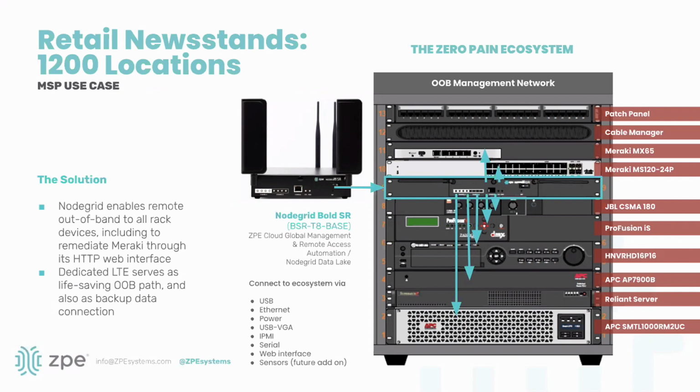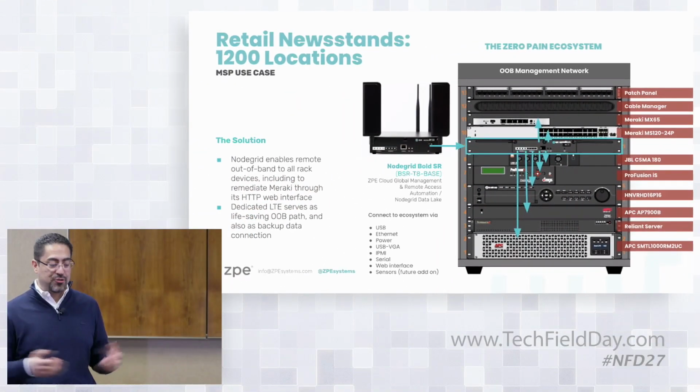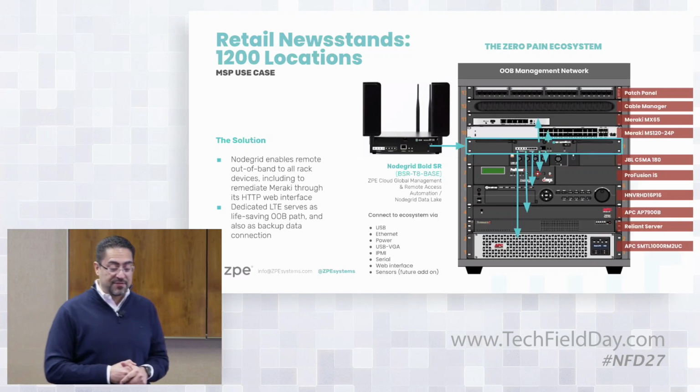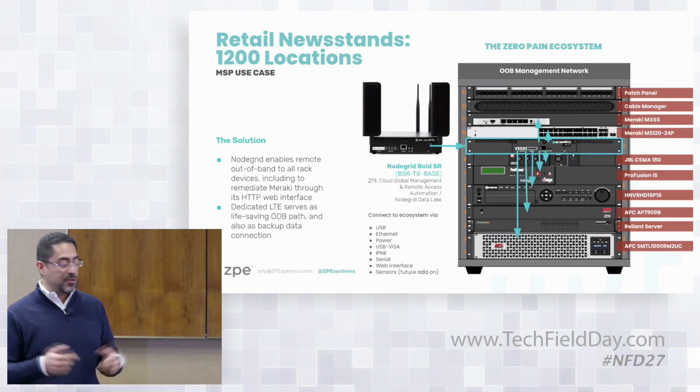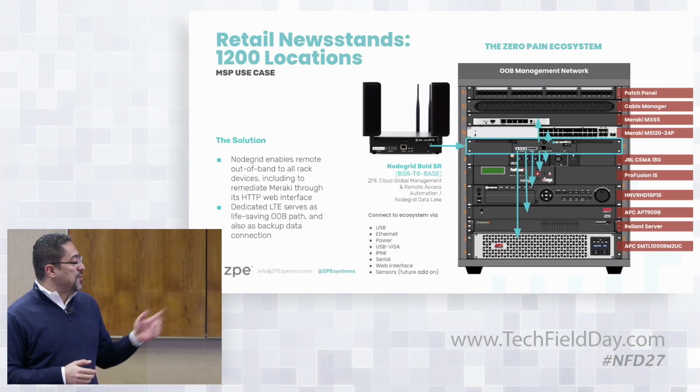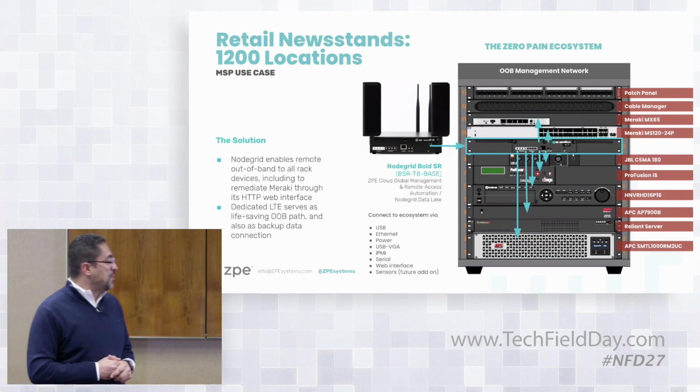There's a different set of equipment in there, from the power backup to power control to audio system, and then your L2 switches, gateway. And the problem that the customer has is, if one of these sites goes through an upgrade and doesn't come back, then a truck roll is quite expensive and really costs money for the business in terms of downtime. So we have a Nodegrid Bolt in this deployment.